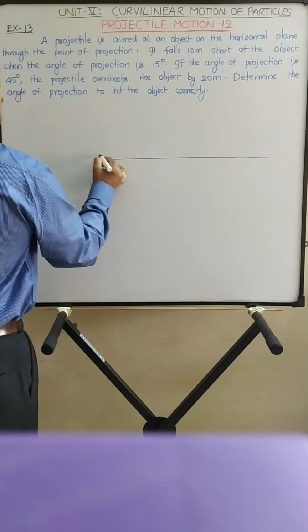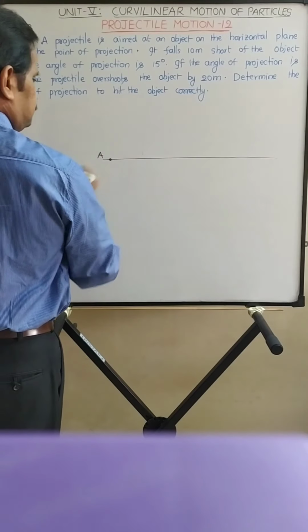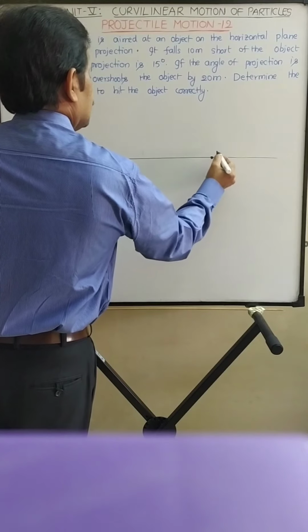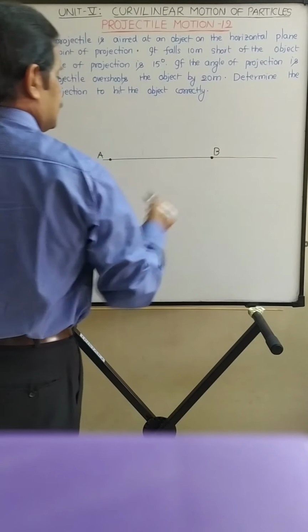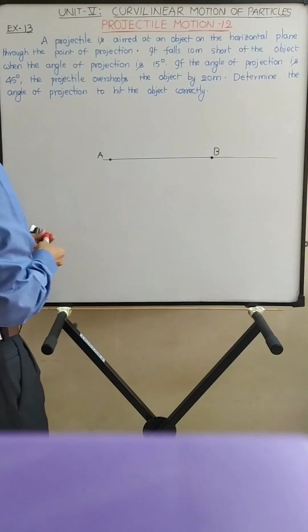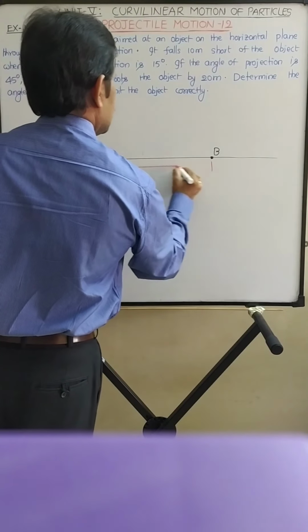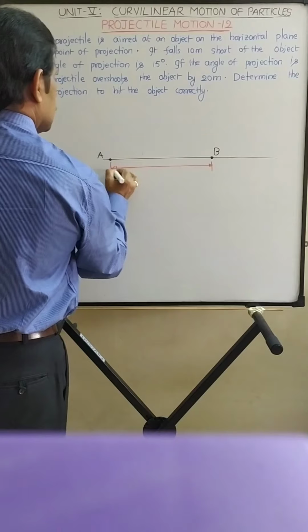Say A is the point of projection, B is the point which is to be hit by the projectile, say at distance x.